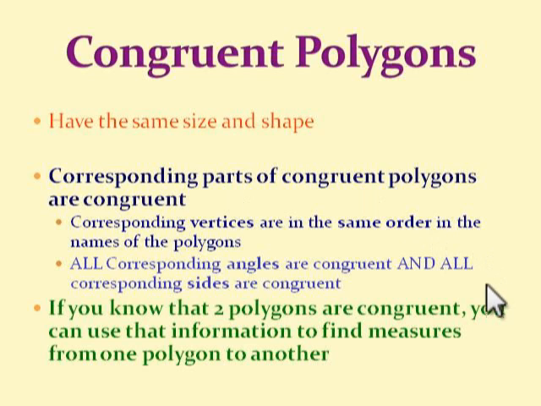If you do know that two polygons are congruent, then you can use that information to find measurements from one polygon to another. For example, if we had two triangles, and I am freehanding this, so bear with me. I'm trying to make them look exactly the same size.